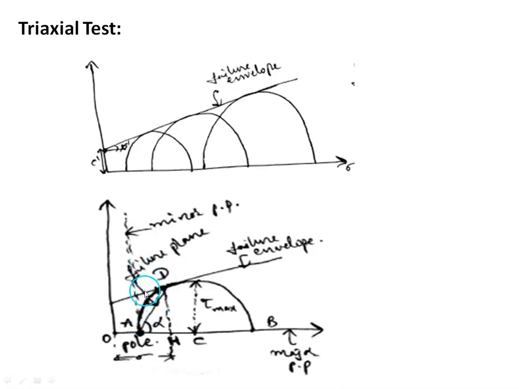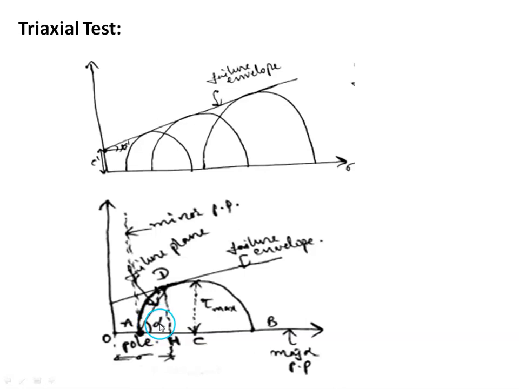So this AD represents the failure plane. The angle made by this failure plane with the horizontal is called the angle of repose, represented with theta or alpha.